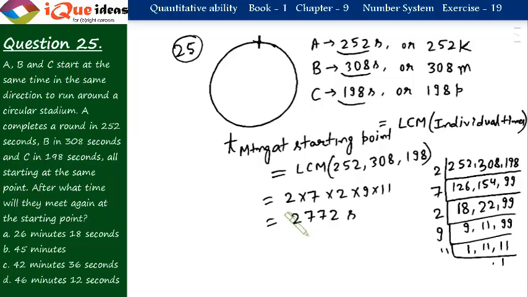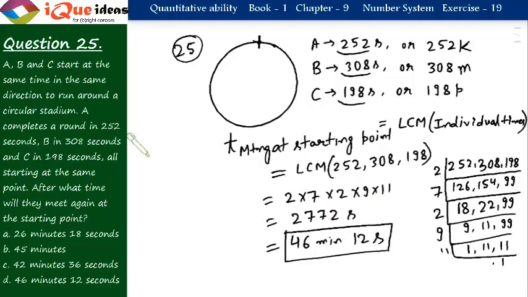Now divide it by 60 to get it in minutes. 2400 would be 40 minutes, and the remaining 372 gives 6 minutes, so it is 46 minutes and 12 seconds. So the answer to this question is 46 minutes and 12 seconds.